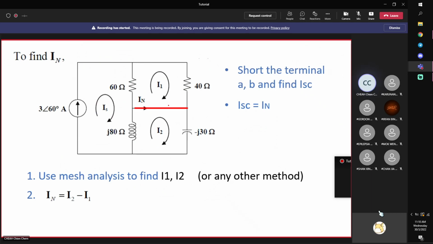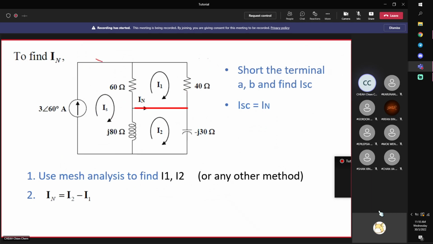Or actually, for this one you may also use some other methods, current division law or this, right? But here I'll use mesh analysis, because mesh analysis is quite easy to do, but you can actually try other methods.